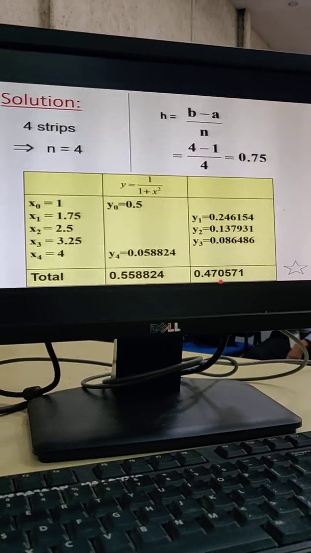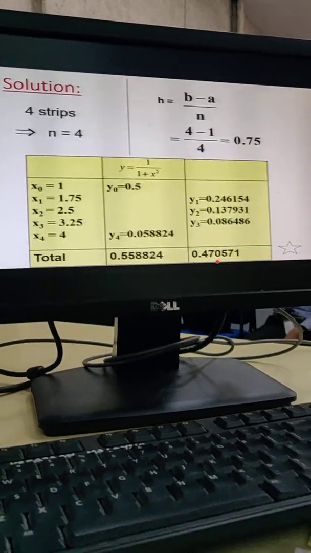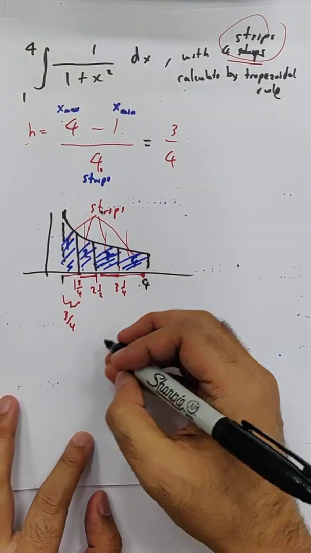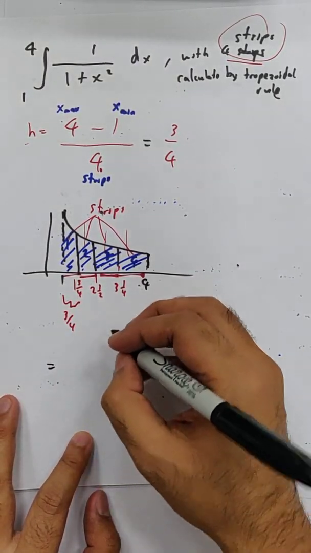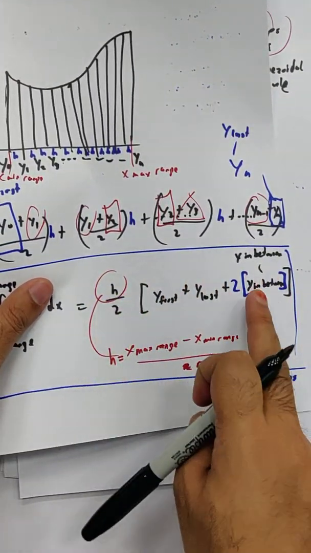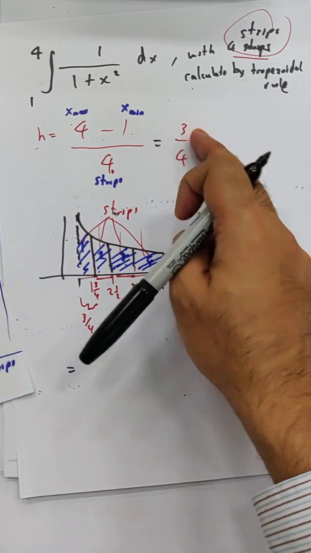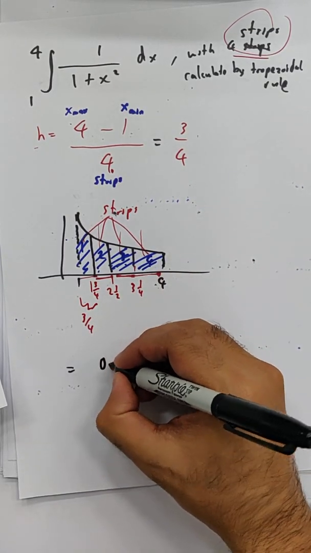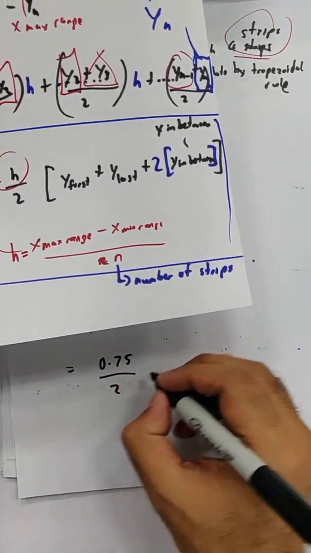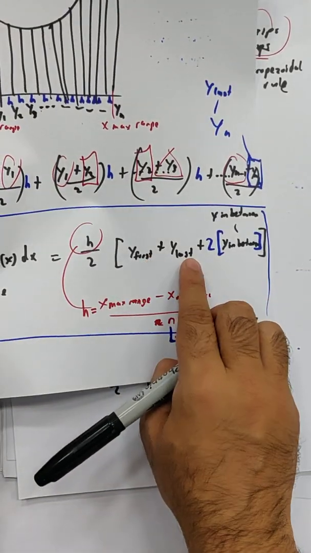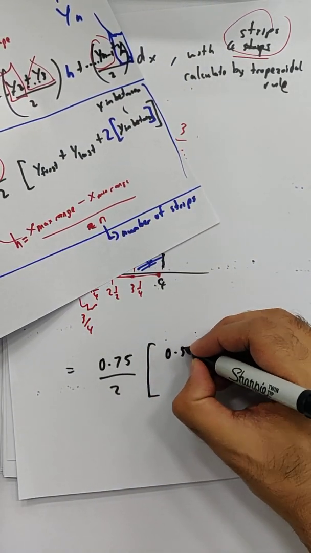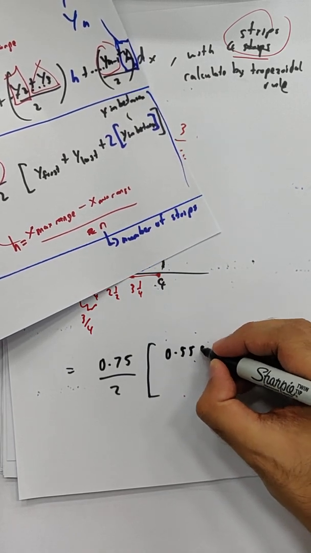And once you reach here, according to the formula we got just now, h, which we calculated as 3 over 4, or can write down as 0.75, over 2, y first plus y last, the one we have calculated just now is 0.55882.